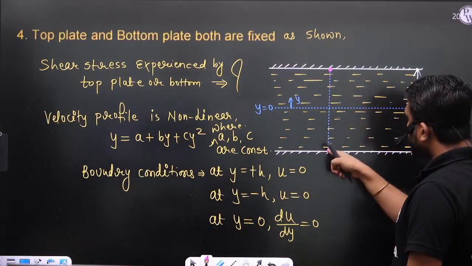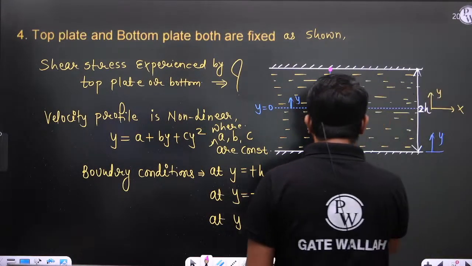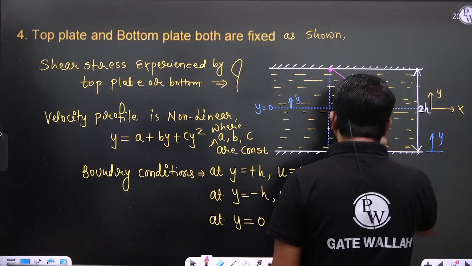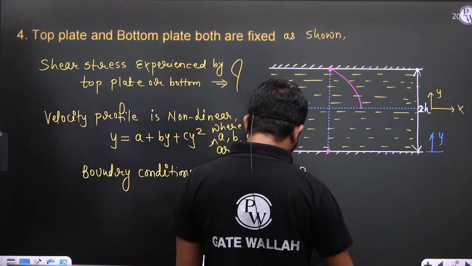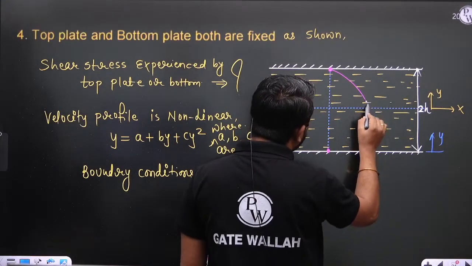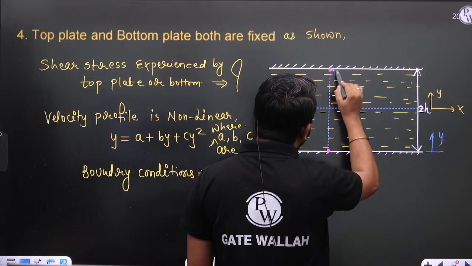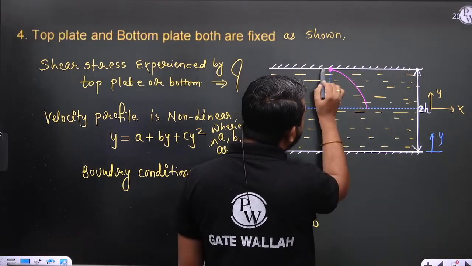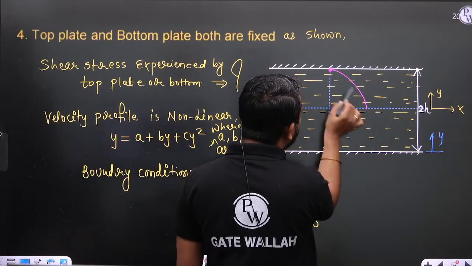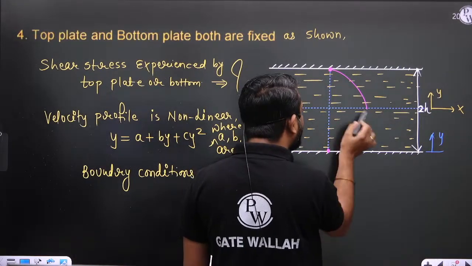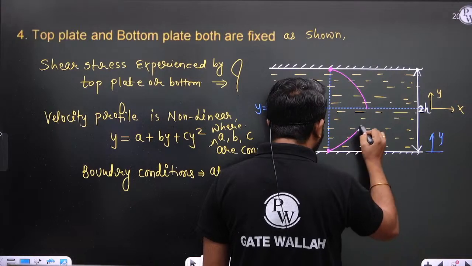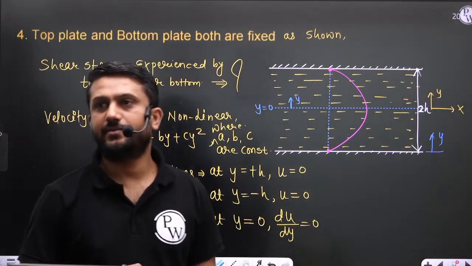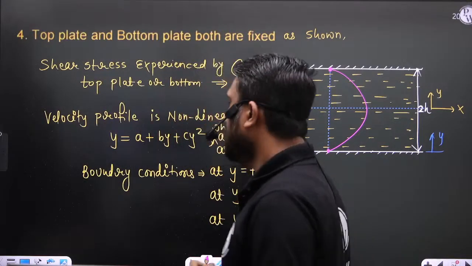This is the parabolic velocity profile. In this portion, this is the velocity profile, and a similar velocity profile you are getting in this portion also. So this is the benefit of symmetry.